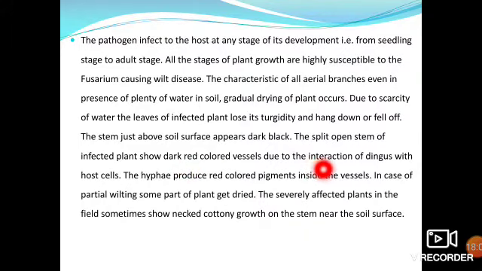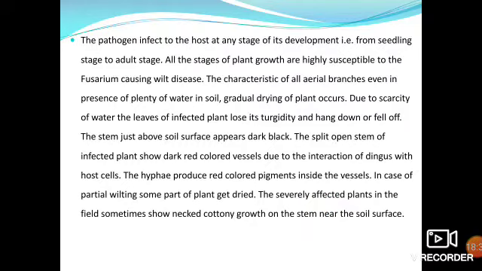Okay, when we split the stem, the infected plant shows dark red colored vessels due to the infection of the fungus. This is the symptom in the last stage in the vascular system. We can see the dark streaks in the stem. Here, the hyphae produce red color pigment inside the vessel.